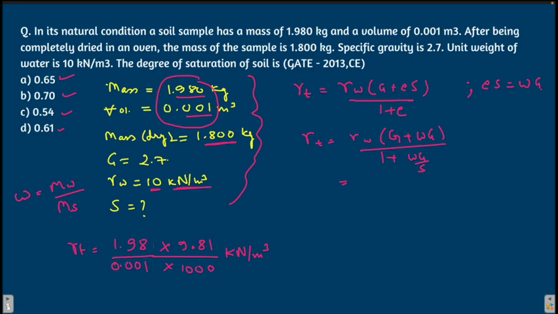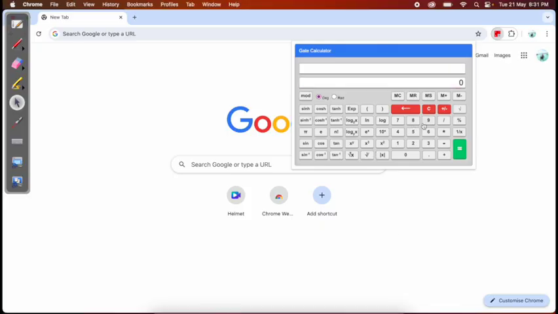So here was the main catch. Here is the decimal and here is 1000, so it will get cancelled out, and you have to multiply just 1.98 with 9.81. Easy. So we'll get the answer as 1.98 into 9.81, which will give you 19.42.